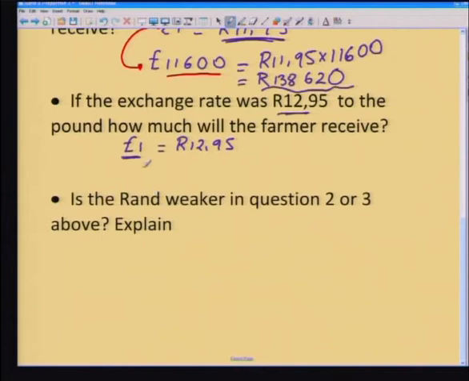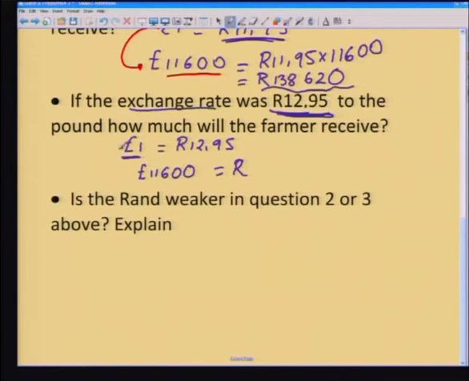He's still going to get 11,600 pounds. That's what the UK client, the person in the United Kingdom, has agreed to. But because the exchange rate has now changed, and this is what we were saying in the previous ratio and proportion and rate section, the exchange rate changes continually, we are going to get a different rand amount.